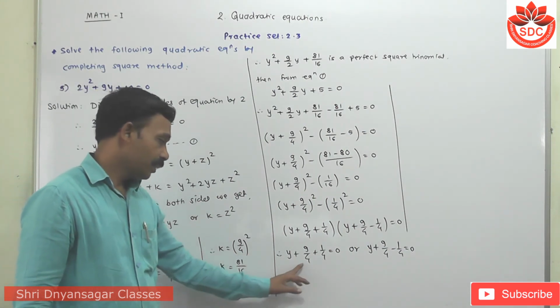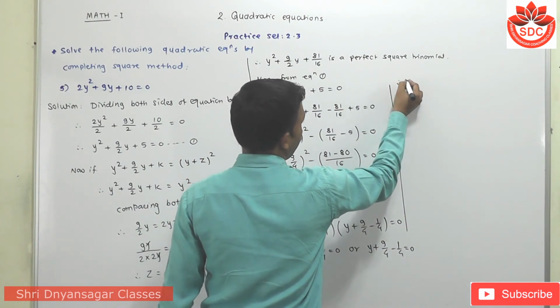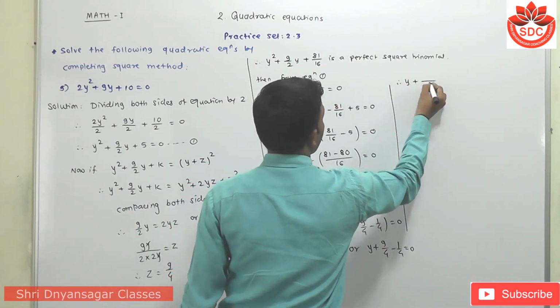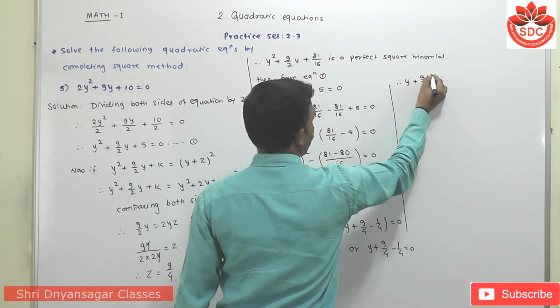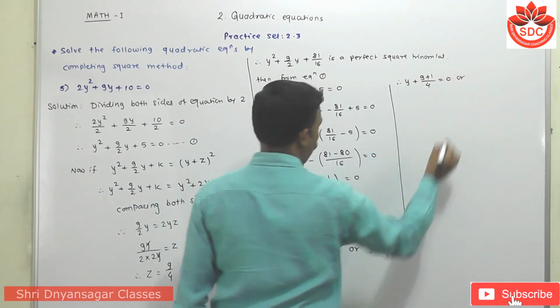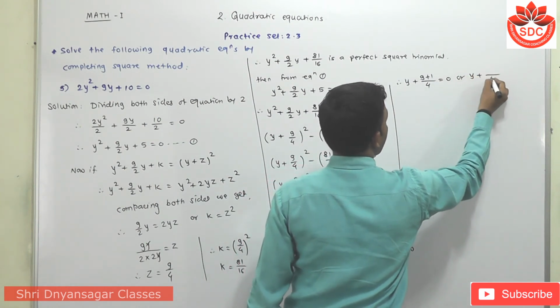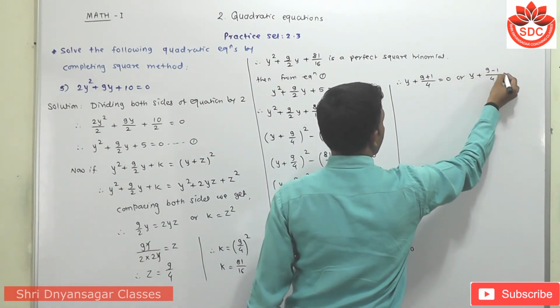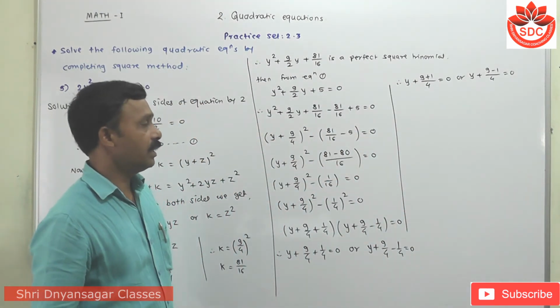Now this LCM is taken as 4, therefore we write y plus, denominator is 4, adding the numerators, 9 plus 1 is equal to 0, or here also y plus, LCM is 4, 9 minus 1 is equal to 0. Can you understand this step?